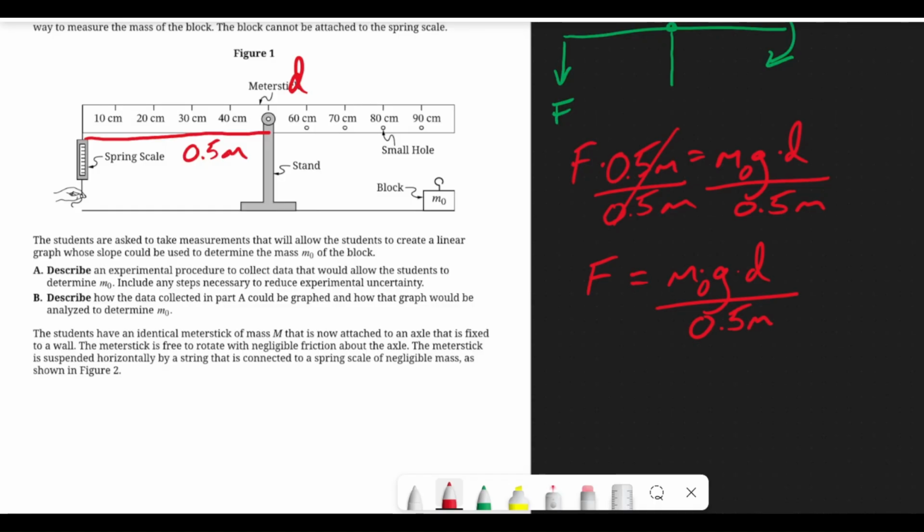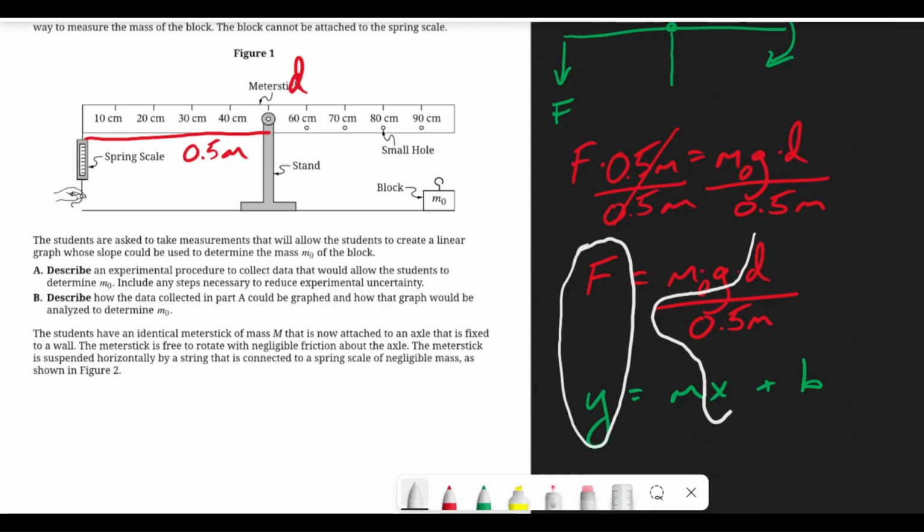And so if I look at this, the equation looks similar. I want to think about it like this: y equals mx plus b, which is just the equation of a line. So if I graph this, I can put this on the y-axis, and I can put this on my x-axis.